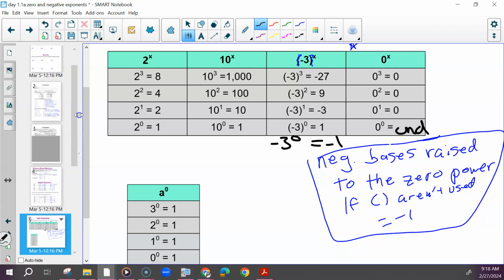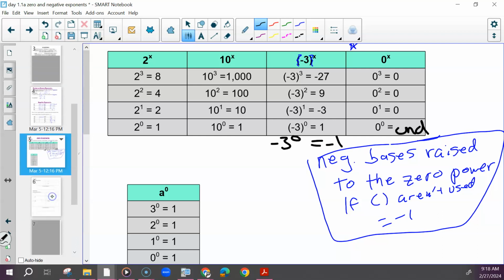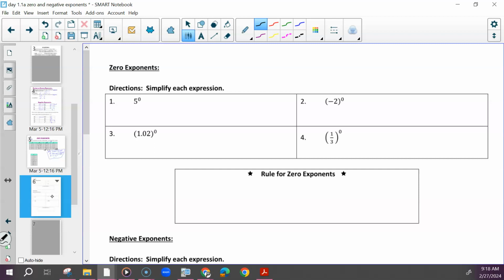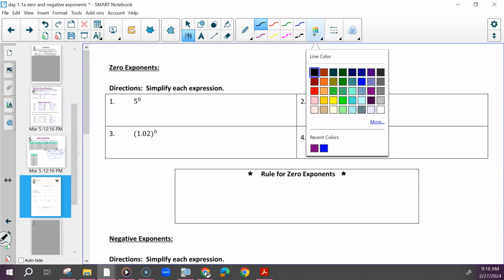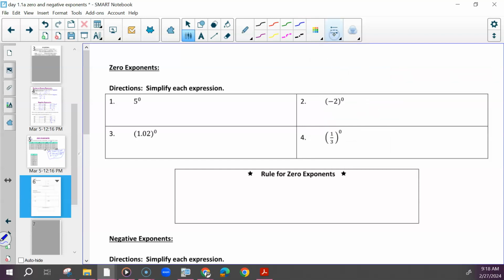Questions on how negative 0 exponents work? So we're going to do some examples, and then you'll have some time to practice, and then we're going to come back and talk about something else. Okay. So if I said 1.02 to the 0 power, 1. Don't let the decimals confuse you.